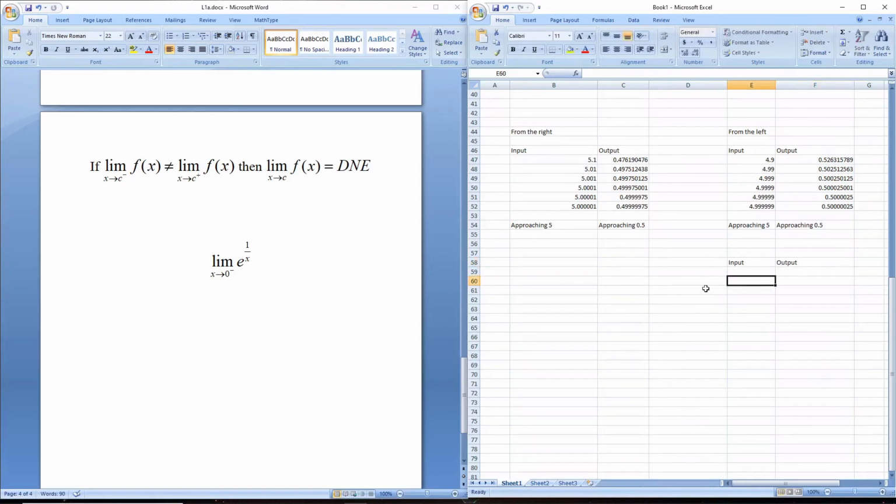And we have to choose numbers that represent approaching 0 from the left. So that means a number smaller than 0. So say minus 0.1. And now we want to represent numbers that are getting closer and closer to 0.